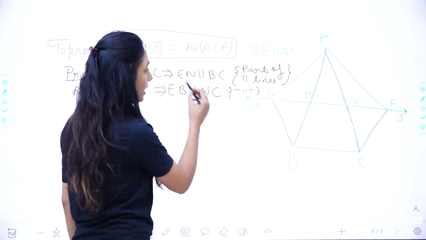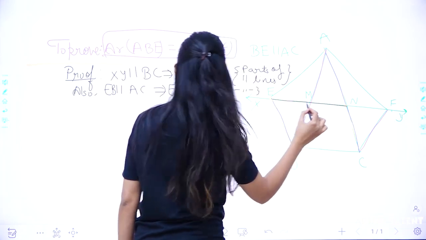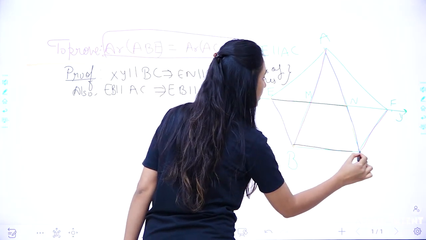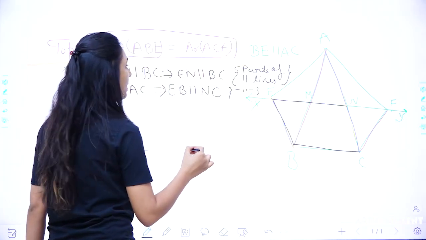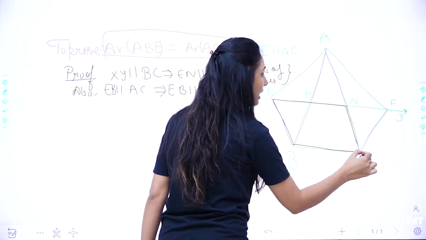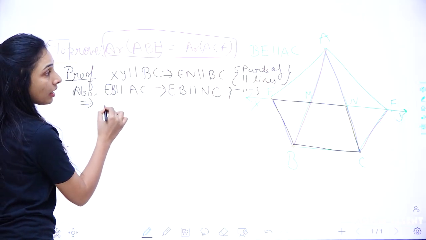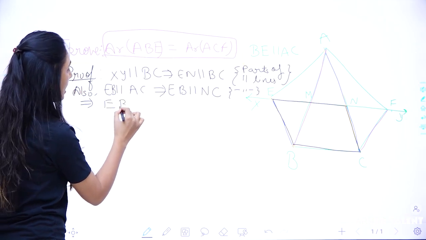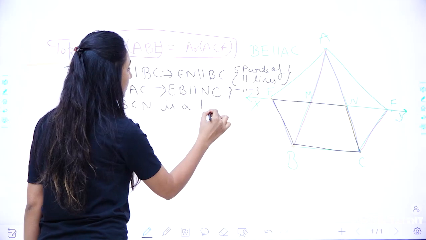If this is so, EN is parallel to BC and EB is parallel to NC. That means this is a parallelogram. This implies that EBCN is a parallelogram.